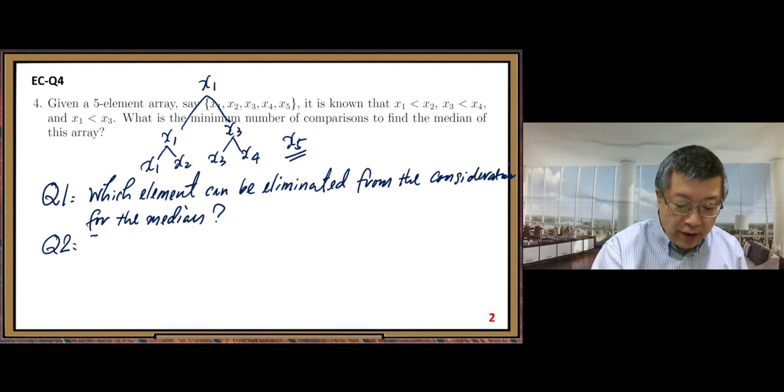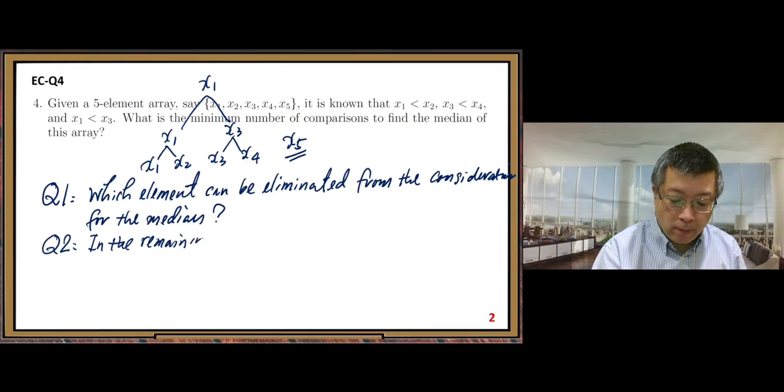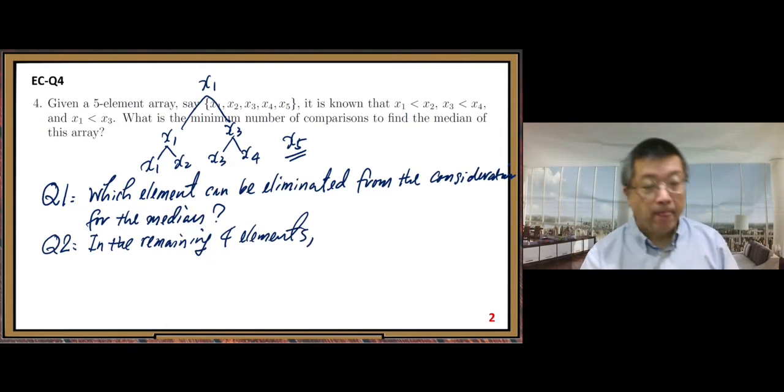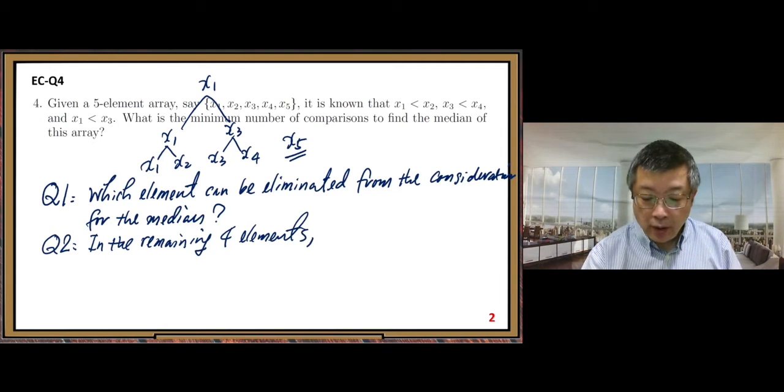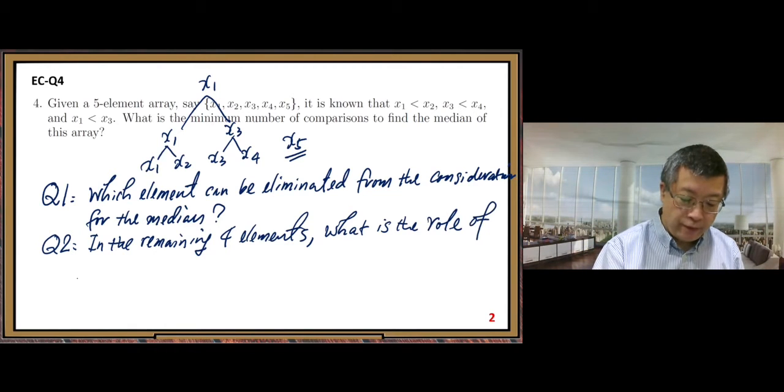In the remaining 4 elements, what is the role of the original median?